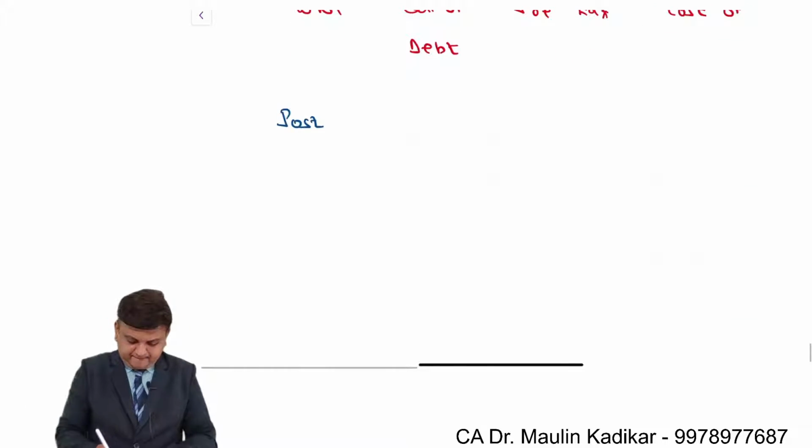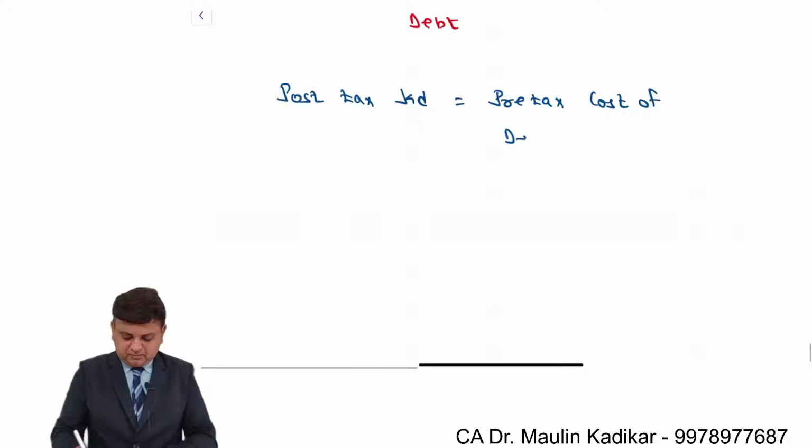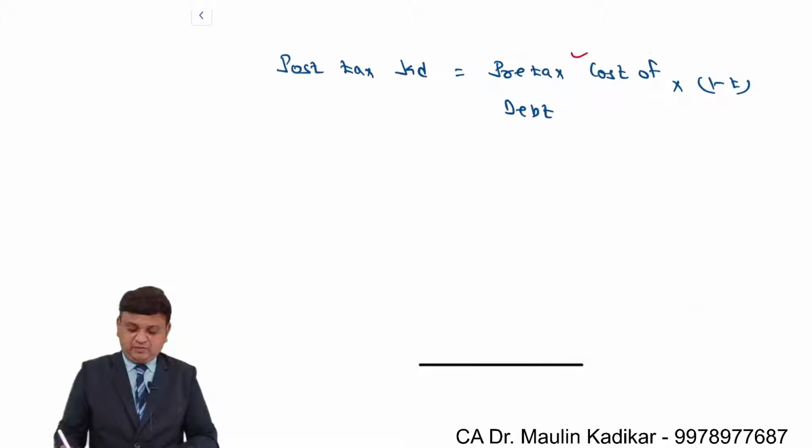Post-tax KD, cost of debt financing, is equal to pre-tax cost of debt into 1 minus tax rate. So this is required to be found as balancing figure.